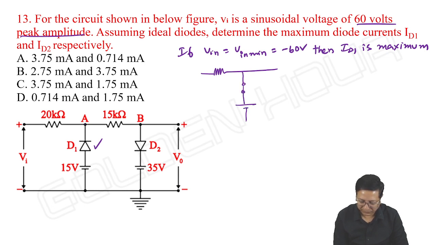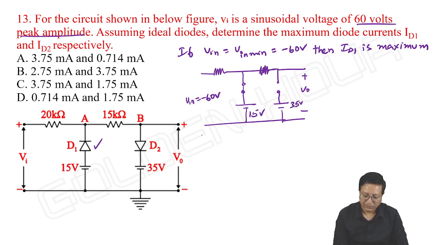D1 acts as a short circuit, with 15 volts and input minus 60 volts. Here we have one more resistor, and D2 is off. This is ID1 maximum, when input is minus 60 volts.